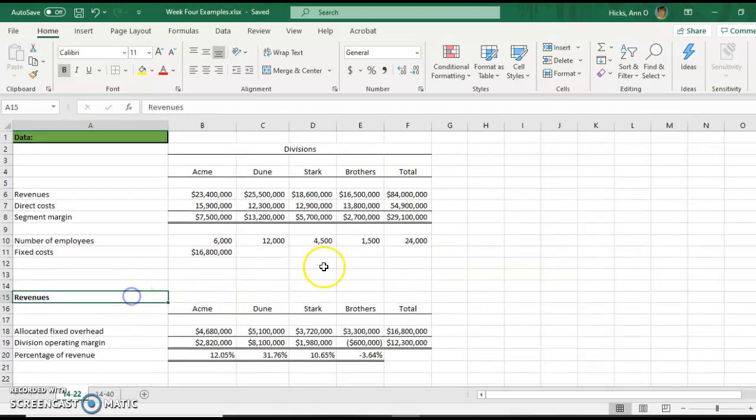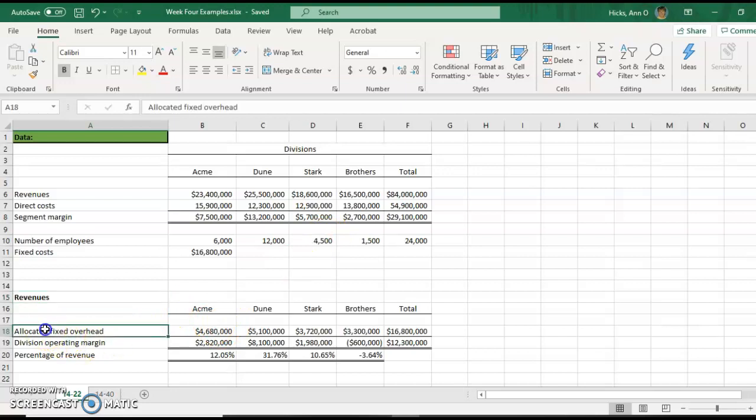So in the first scenario, where we're allocating on revenues, I would argue this is what we would call an ability to bear approach. The assumption being the division with the highest amount of revenue should carry the highest amount of fixed cost.